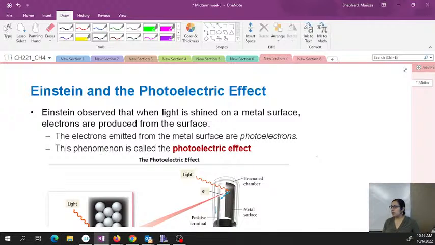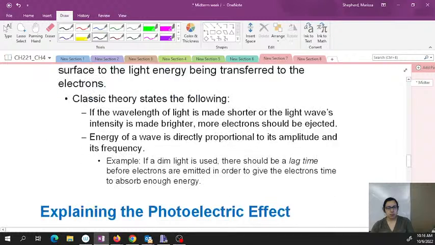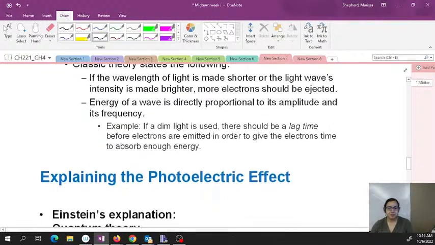And so what happened is that wasn't the case. What they actually found is that you had to find what they called the threshold frequency. So they were thinking we could just shine any light source, but you have to hit it with the minimum frequency.